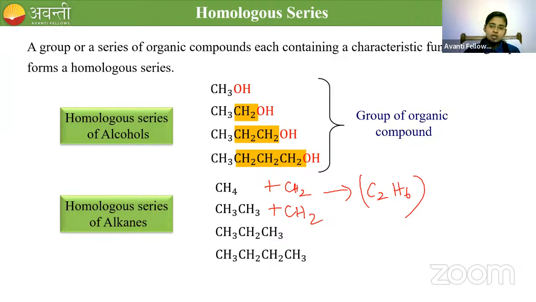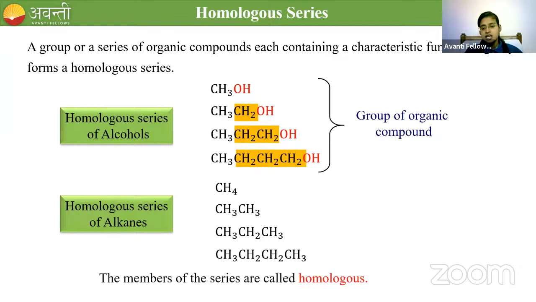Now this is a group of organic compounds. By adding CH2 units, we get this classification, which is called alkanes. The members of the series are called homologous, and the successive members differ by a CH2 group. Clear? Are you able to understand what a homologous series is?